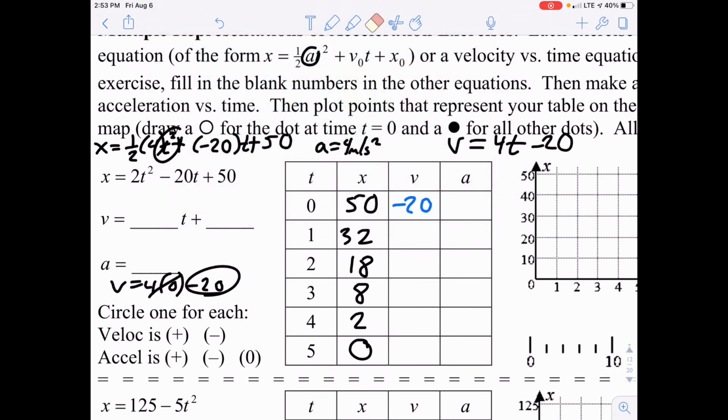Now if I plug in 1, 4 times 1, 4 minus the 20 would be negative 16. When I plug in 2, 4 times 2 is 8, minus the 20 is negative 12. I hope you can see we're dropping the velocity by 4 meters per second every time. So you can predict the next one's going to be negative 8, then negative 4, then eventually down to 0.